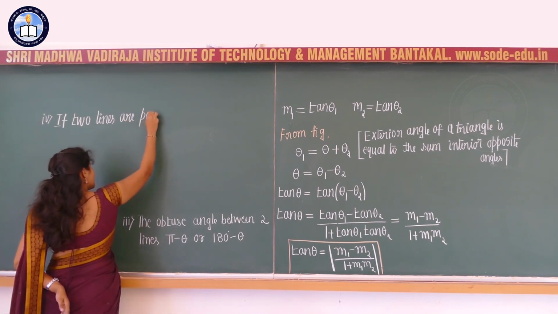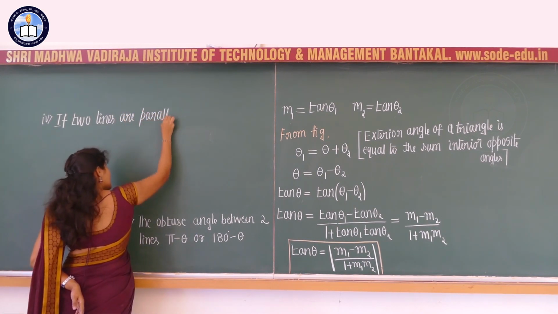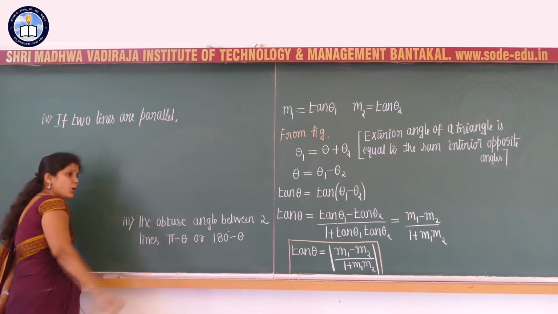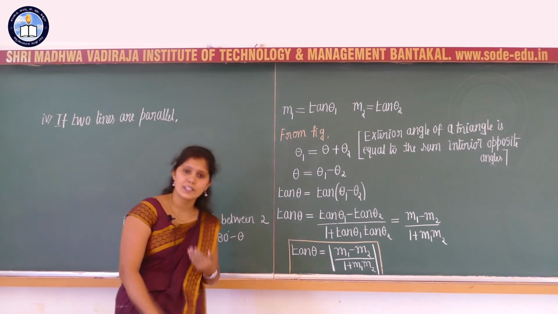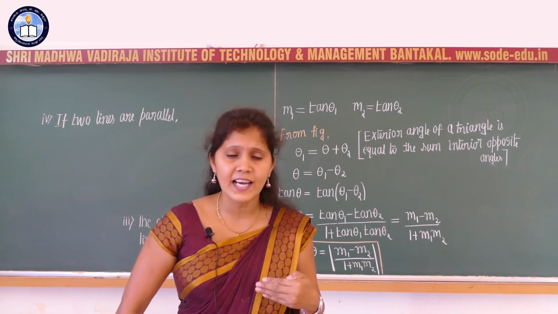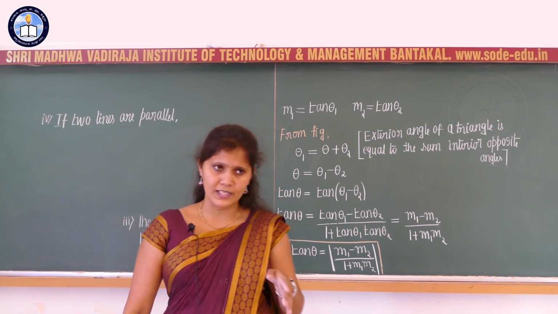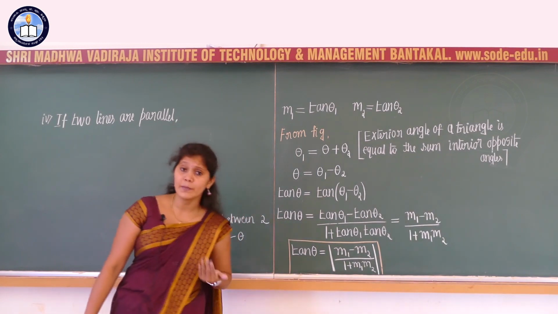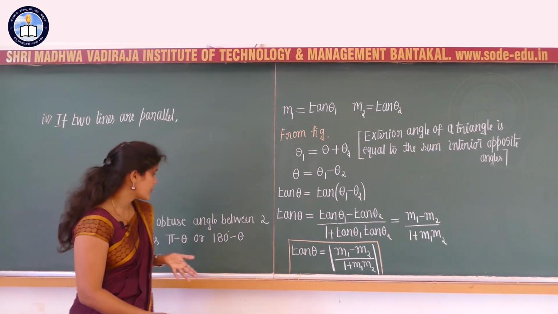so already we have derived this condition, that is, if two lines are parallel, what is the condition with respect to their slopes? If any two lines are parallel to each other, then the slopes are equal, correct? Slopes are equal, which implies that the angles are also equal.